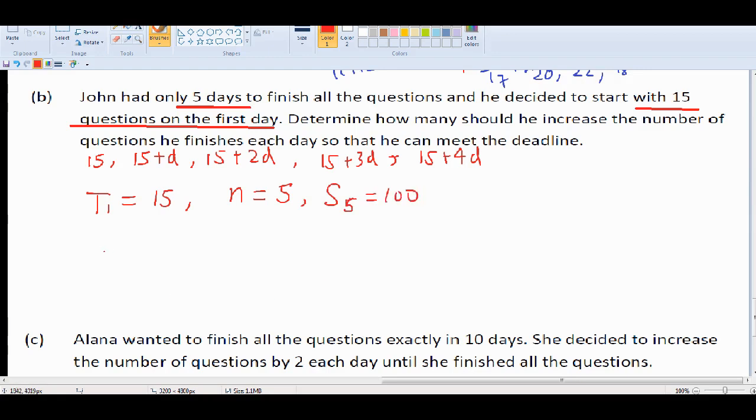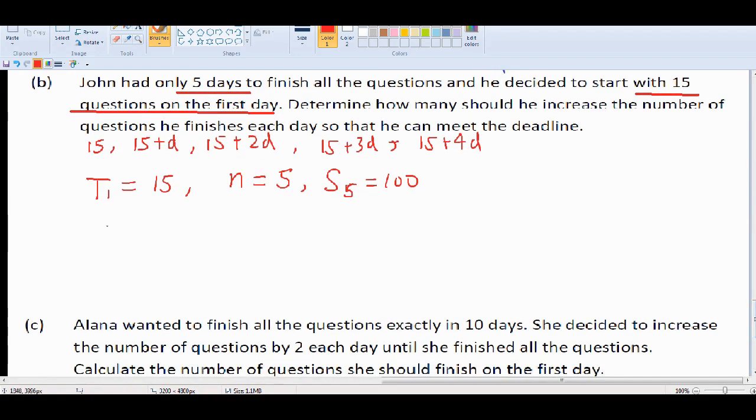So the formula should be S5 equals 100: 5 over 2 times (T1 plus (5 minus 1) times D) equals 100.